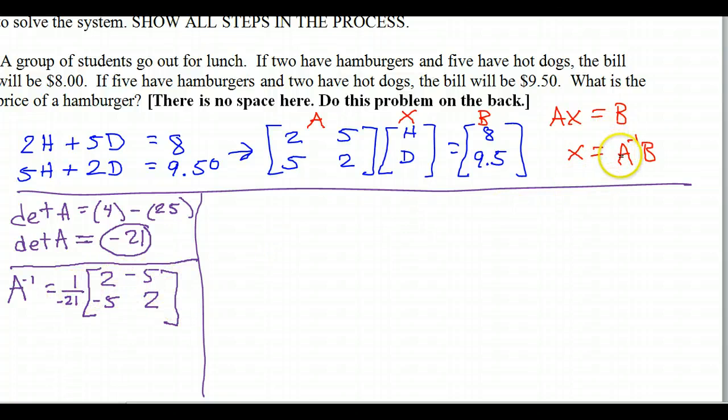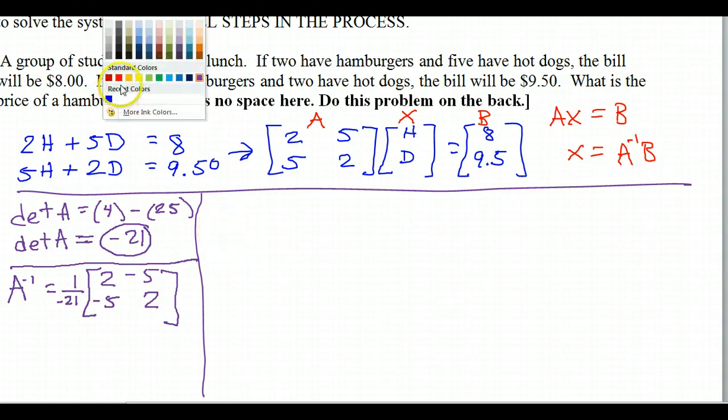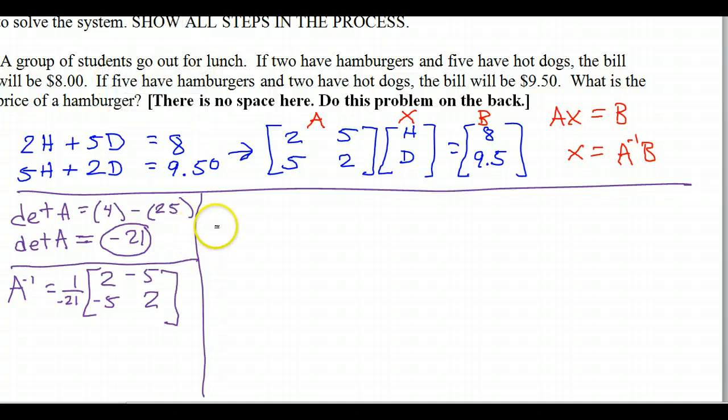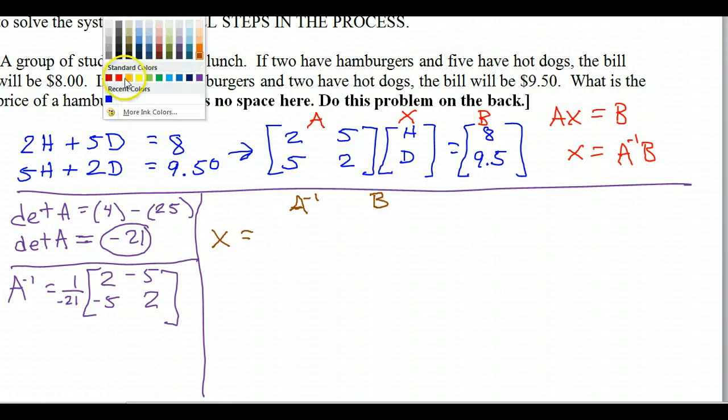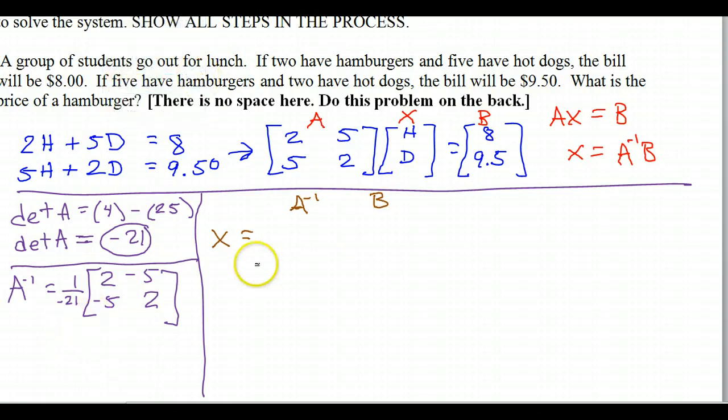Now, we have to do A inverse times B. Let's see, what colors will I use? I think I'll use brown. So X is equal to, now I need A inverse and I need B. A inverse is this stuff right here.